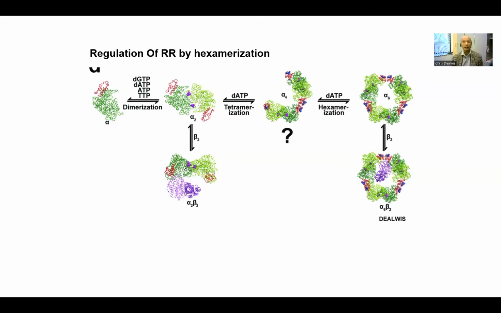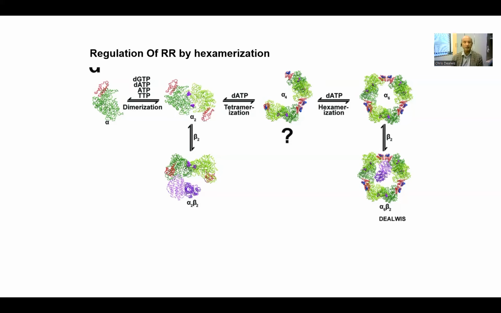Now, what happens here is we were able to show that the inactivity of dATP is achieved by making the beta subunit bind within the alpha subunit, or close to the alpha subunit but further away, so that the free radical cannot be productively transferred to the catalytic site, and therefore the enzyme is inactive.